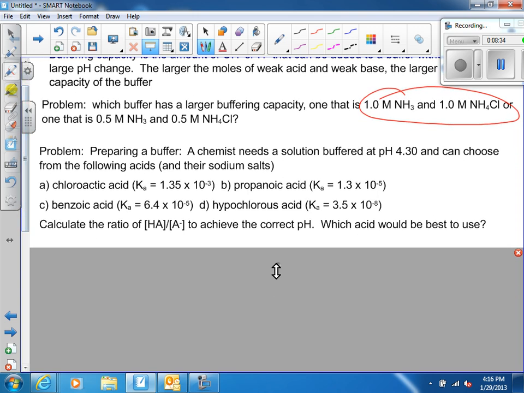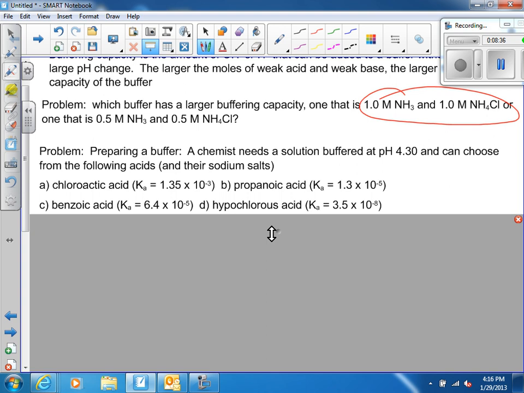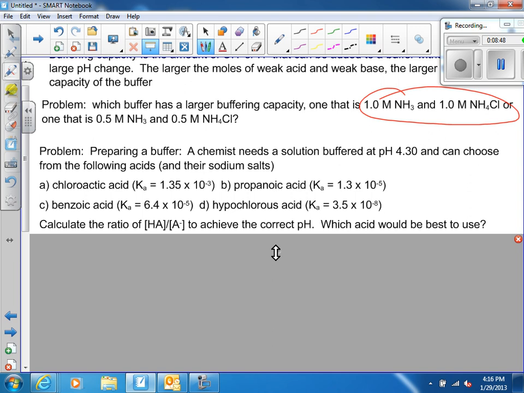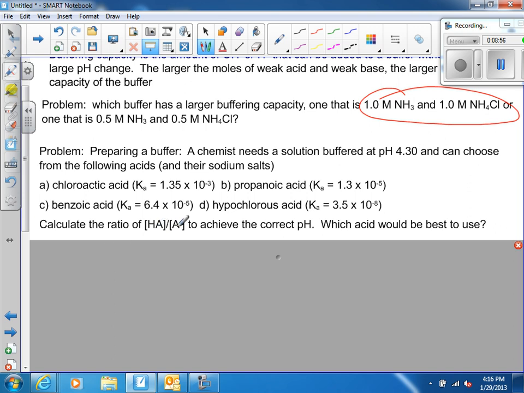Here are our 4 acids, and we want to figure out which one of these we should use. Find out for each of these what the ratio of the weak acid to weak base would be in order to achieve the pH of 4.3, and then which acid would be best to use.